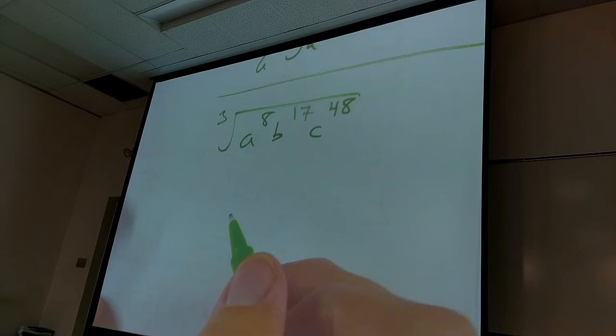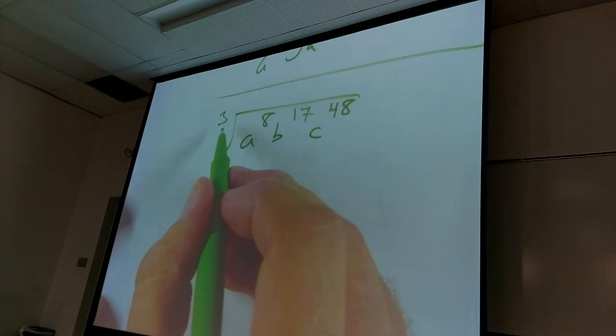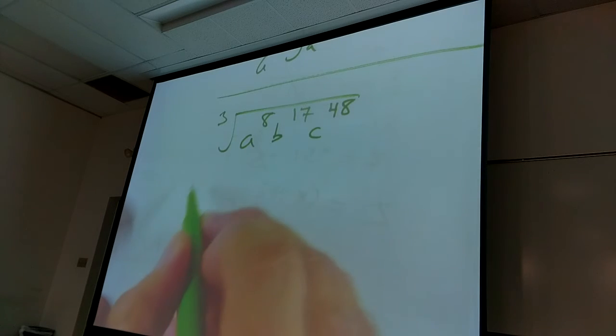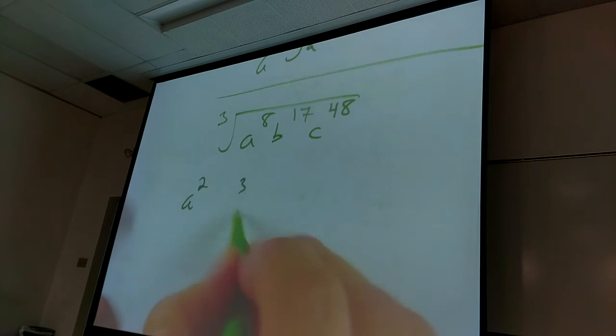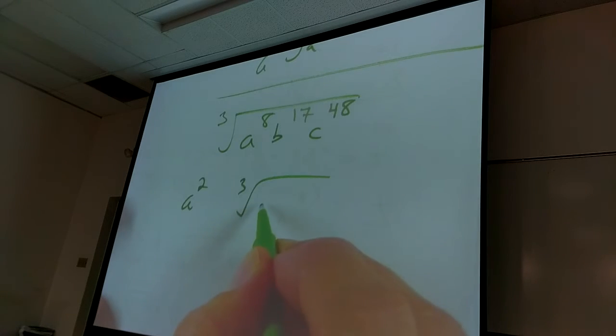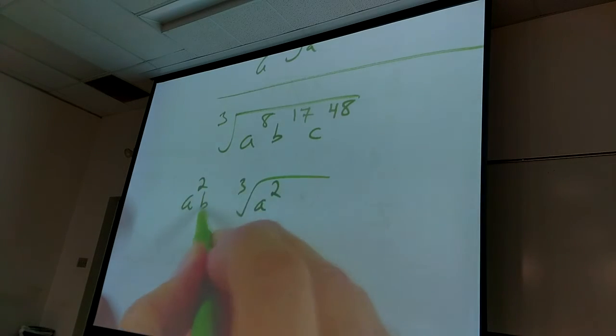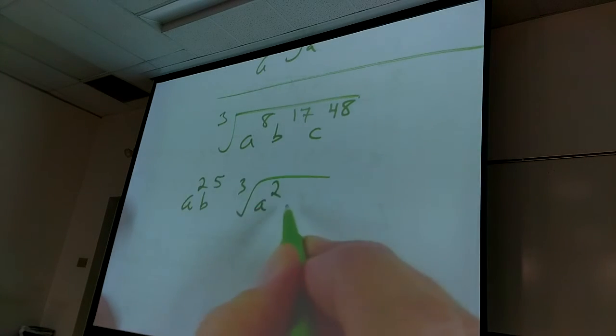So then 3 goes into 8 twice. See how I leave myself a little room? With how many left? 3 goes into 8 twice with 2 left. 3 goes into 17 5 times with 2 left.